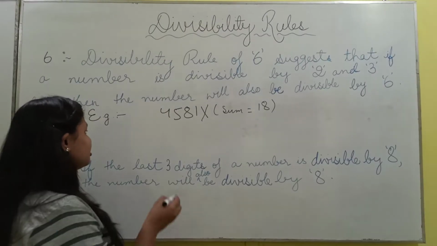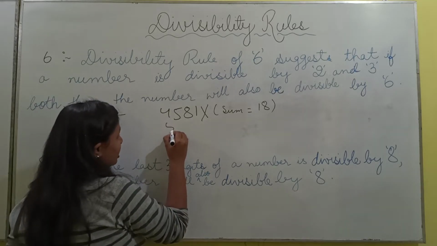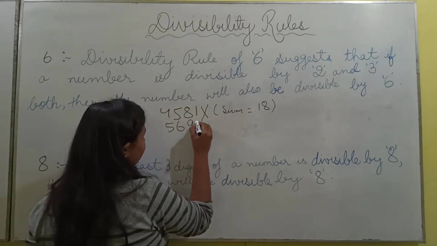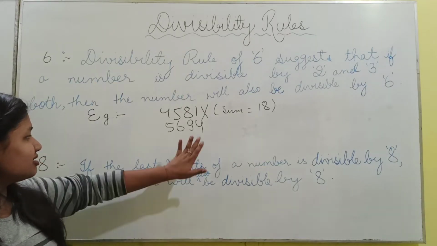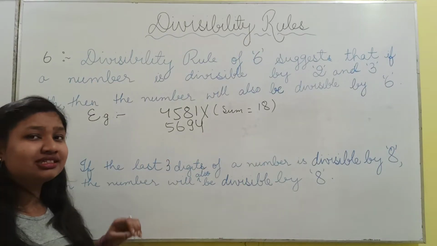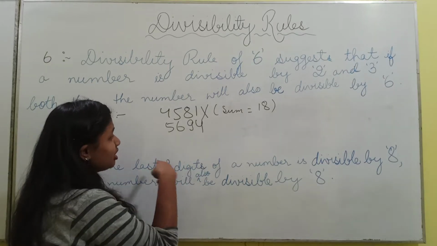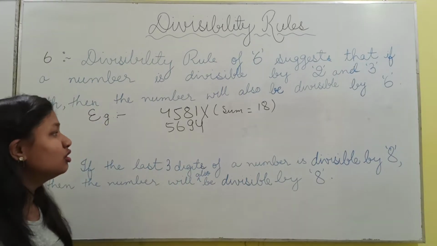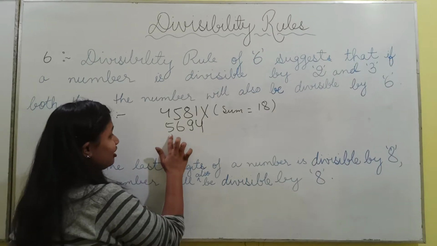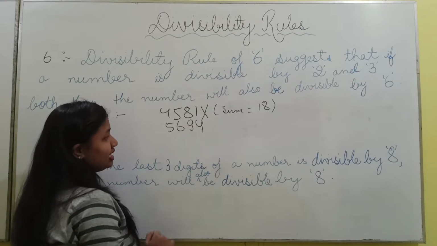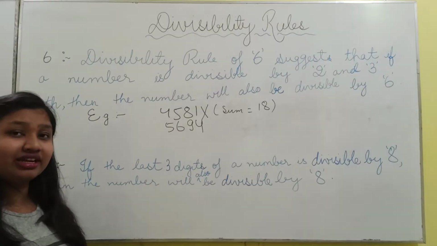Let's take another example. 5, 6, 9, 4. Is this number divisible by 2? Yes, the last digit of the number is an even number. So this number must be divisible by 2. But is this number divisible by 3? Let's check it. 5 plus 6 is 11, plus 9 is 20, plus 4 is 24.